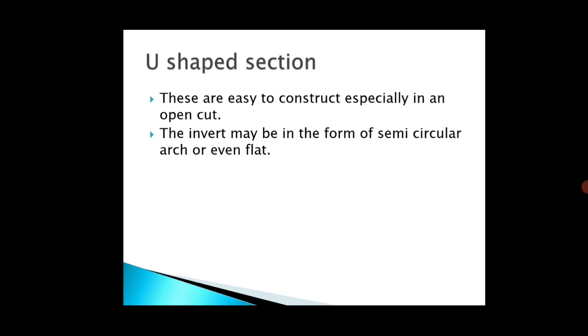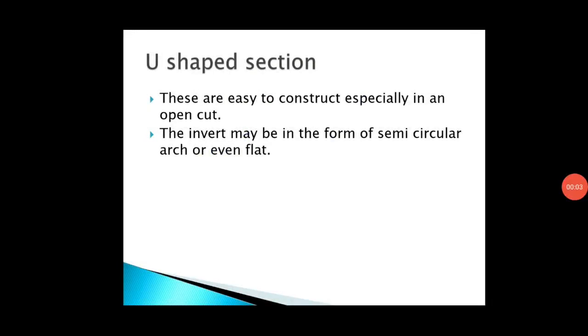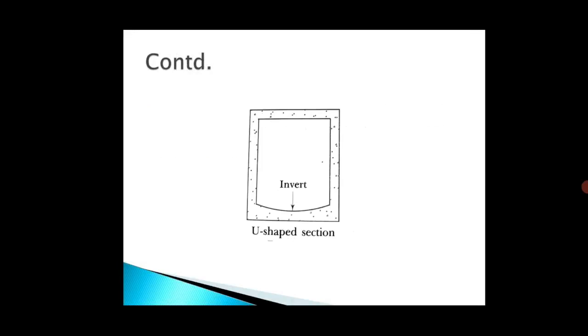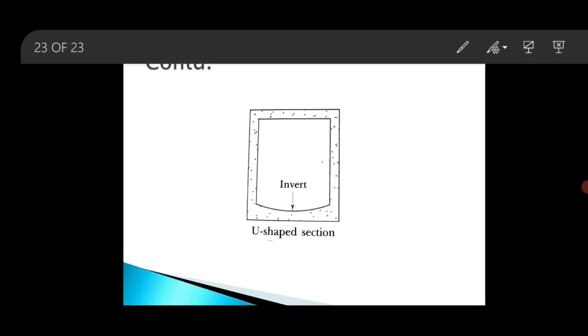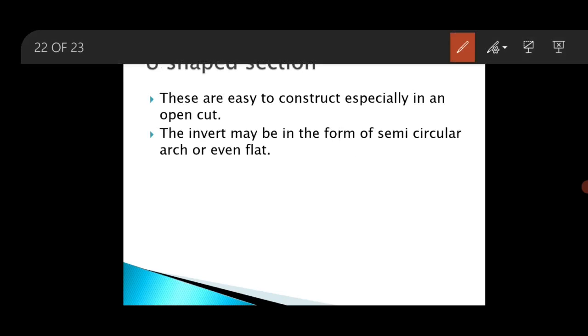Next one is U-shaped section. This is the diagram of a U-shaped section. Here the section is in the form of a letter U, and this type of sewer is easy to construct in an open cut.